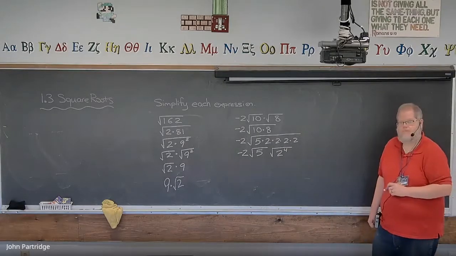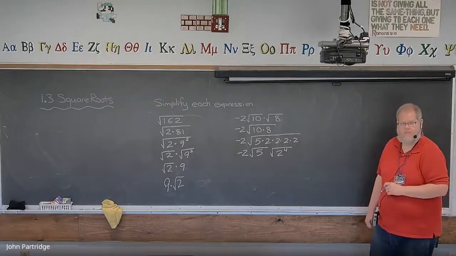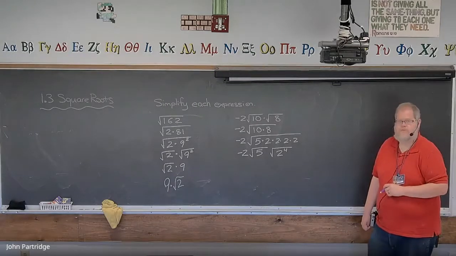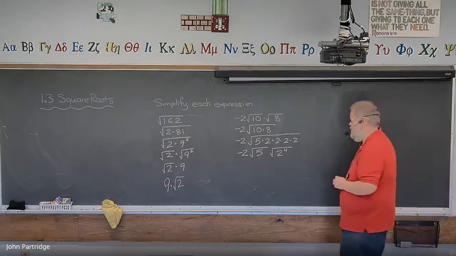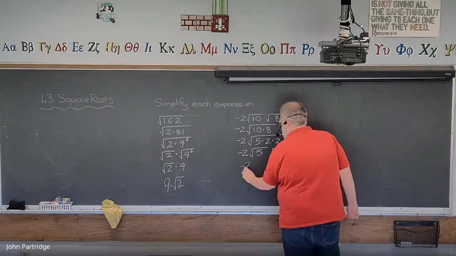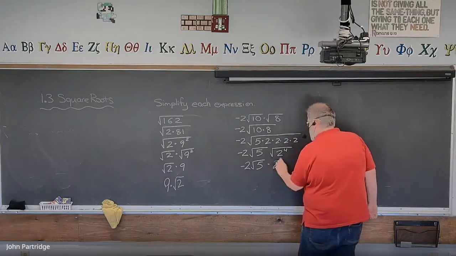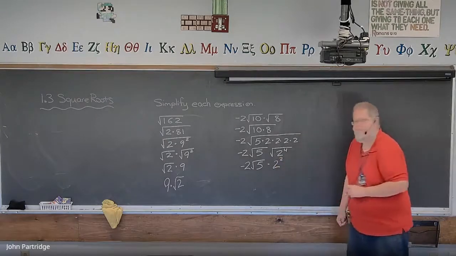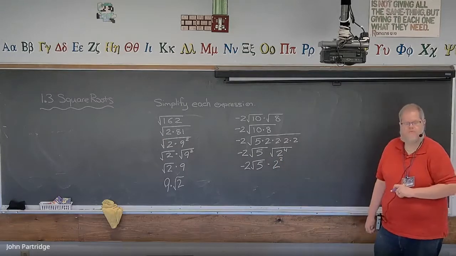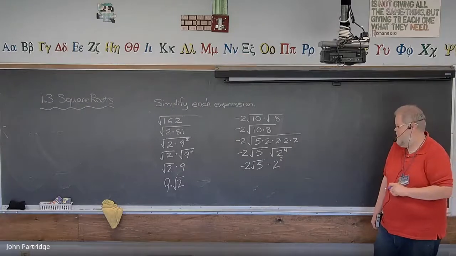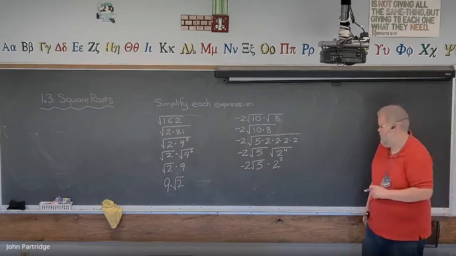Negative 2 times the square root of 5 times the square root of 2 to the 4th. Negative 2 times the square root of 5 times 2 squared.